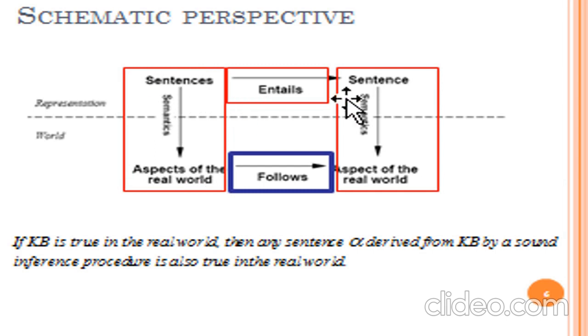A sentence entails another sentence, like alpha entails beta, and the entailment of any sentence will also map to a real aspect of the world. So if the knowledge base is true in the world, then any sentence alpha derived from the knowledge base by a sound inference procedure is also true in the real world.